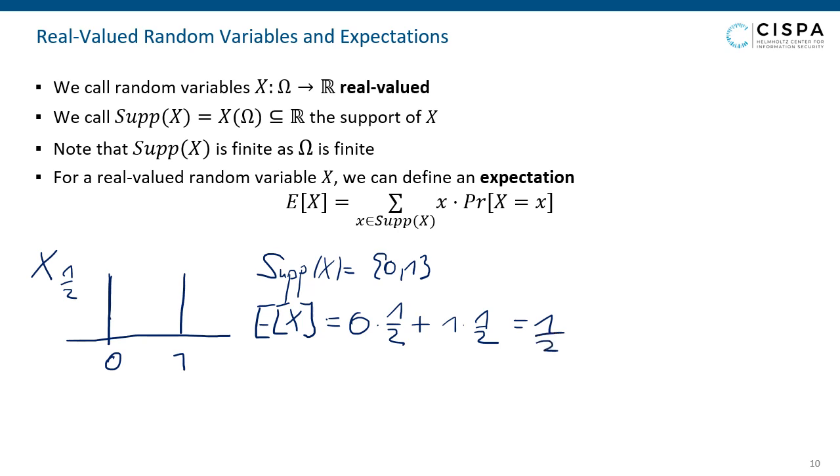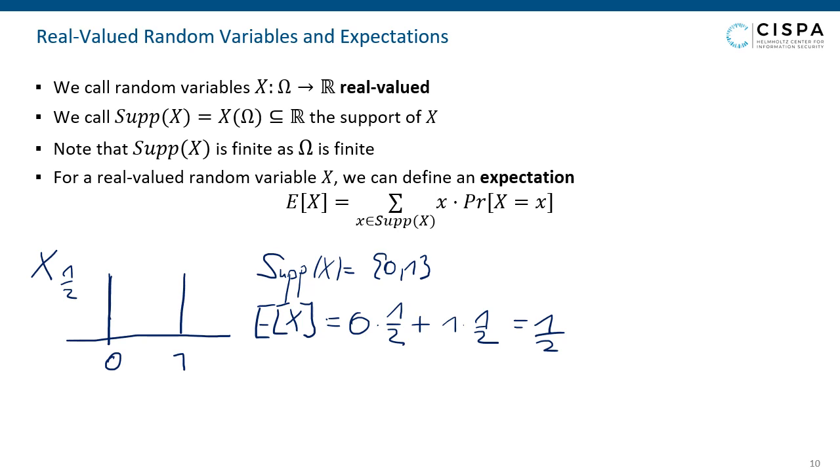For binary random variables, the expectation always has a very simple form, even if we didn't have an unbiased coin here.